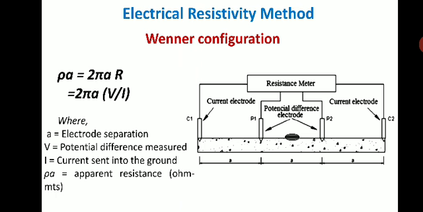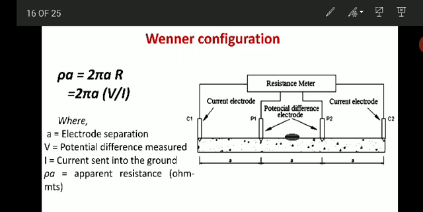Next we'll see what is the difference between Wenner and Schlumberger arrangement. There are two electrode arrangements I told you, Wenner and Schlumberger. First we'll see the Wenner configuration. The electrodes are spaced at equal distance, and the apparent resistivity, that is rho A, for a measured resistance R equal to V by I, is given by this particular formula.